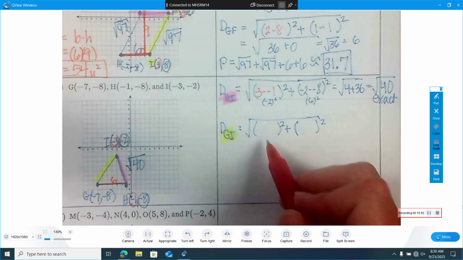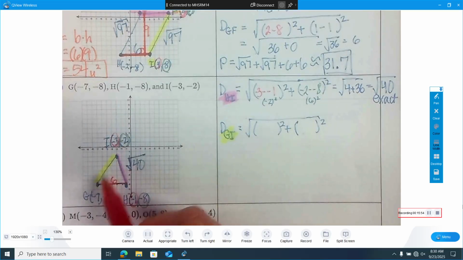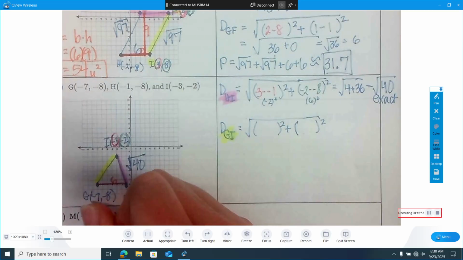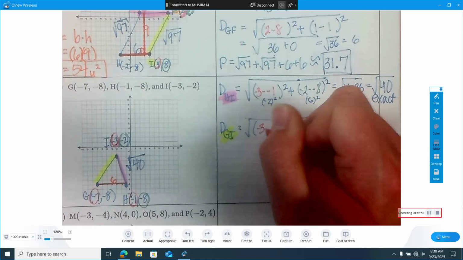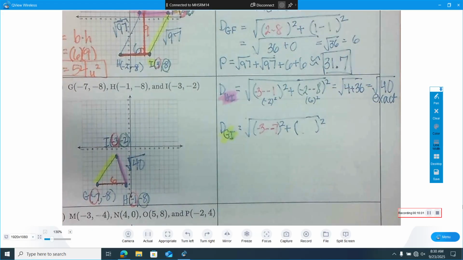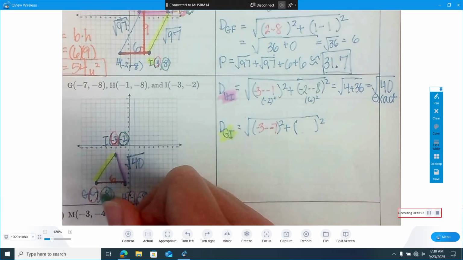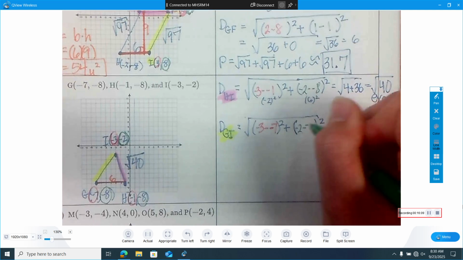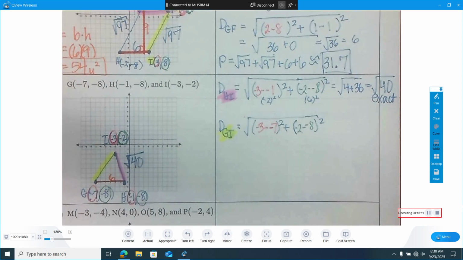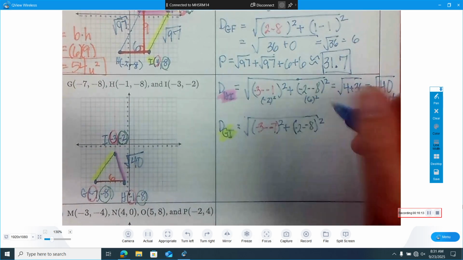All right, I need to subtract my x's between G and I. So I have a -3 and a -7. So -3 minus a -7. And subtract my y's. So -2 minus a -8. All right, and I'm going to do some cleanup here.